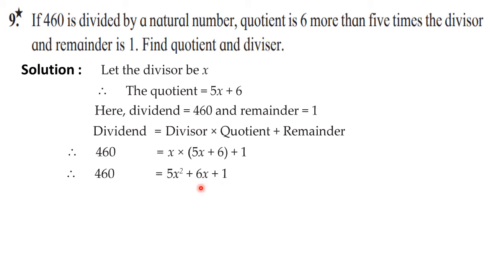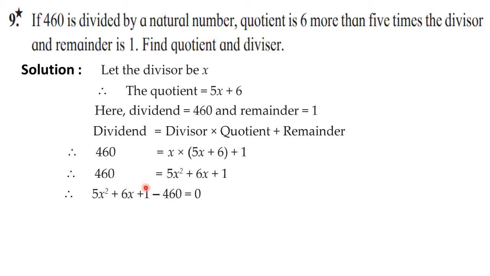Now we have to write it in the standard form. Here it is a positive sign, so consider that this 460 you are shifting to this side. While writing all these terms, we will write on the left hand side like this: 5x square plus 6x plus 1 minus 460. Don't get confused why it is on the left hand side and why it is negative.